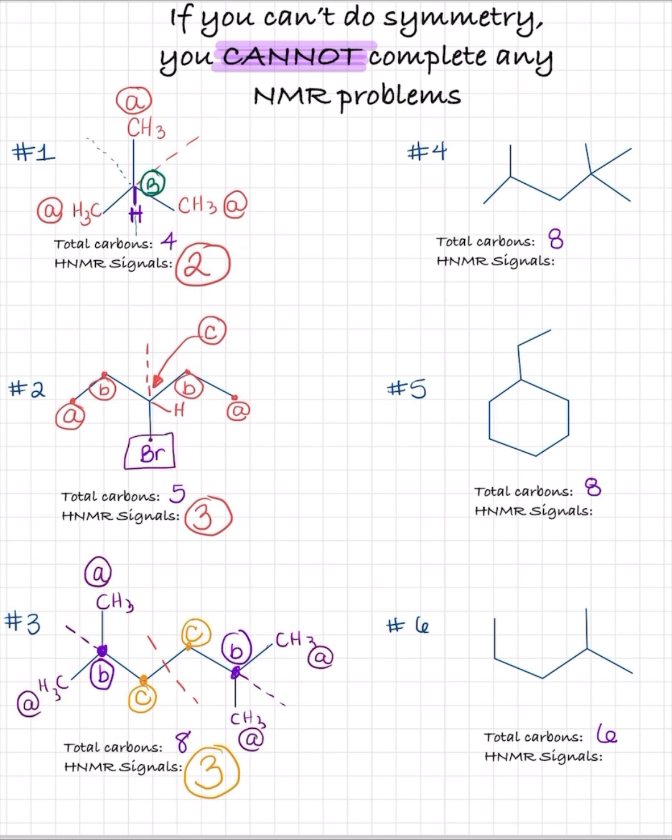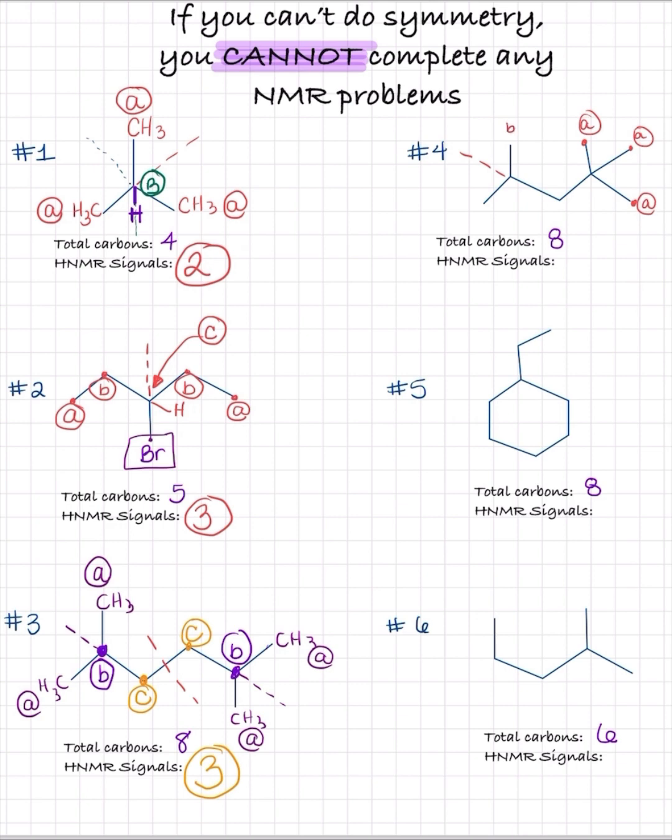When it comes to number 4, I see that all these methyls are the same. I don't really see a line of symmetry in this problem. I can find one here as well, but these methyls here are not equivalent to the ones over here. So all of these would be the same, and the other methyls would be different.